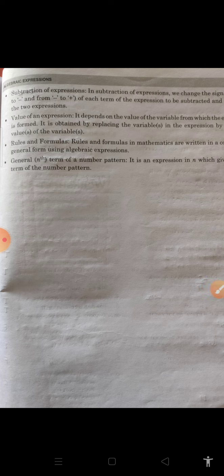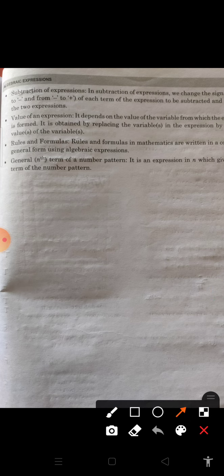Suppose 5x square and 7x square. Both are like terms with x square, and the value of x square is 5 in expression 1 and 7 in the second. So we change addition by addition and subtraction, the value changes.